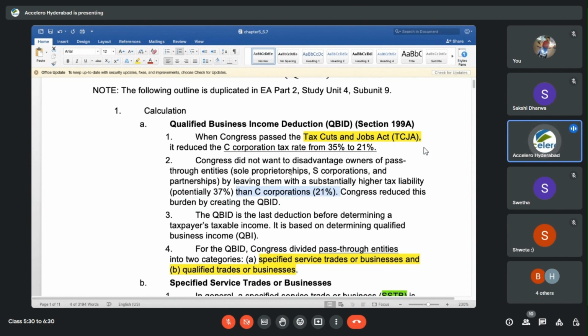The whole point of telling this story is that whenever you are working on a K1, or an S corporation, or any of these pass-through entities, it should immediately come to your mind: what about the QBI deduction? Did we take it? Can it be applicable? Do they satisfy all the conditions?